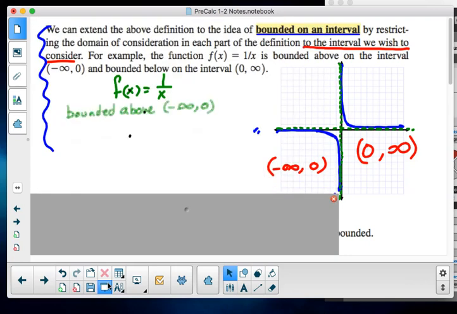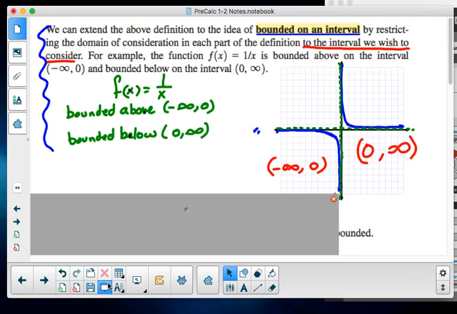That's my graph, and that's what we just talked about. I can restrict it to the interval we wish to consider if we need to. Bounded above on the interval from negative infinity to 0, and bounded below on the interval 0 to infinity. But remember, right now, I want you to be aware that they can break it up.